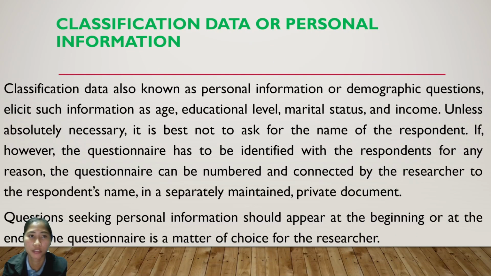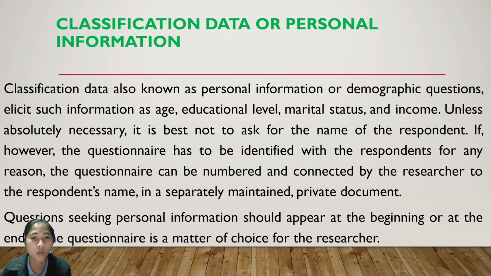Classification data or personal information. Classification data, also known as personal information or demographic questions, elicit such information as age, educational level, marital status, and income. Unless absolutely necessary, it is best not to ask for the name of the respondent.